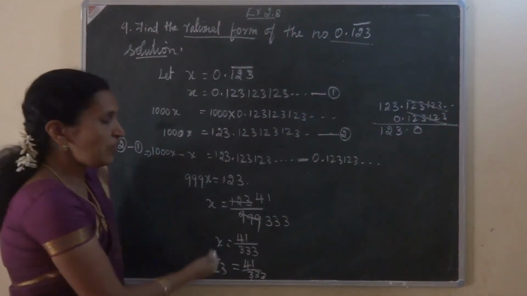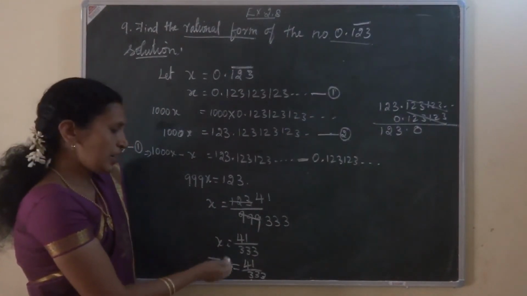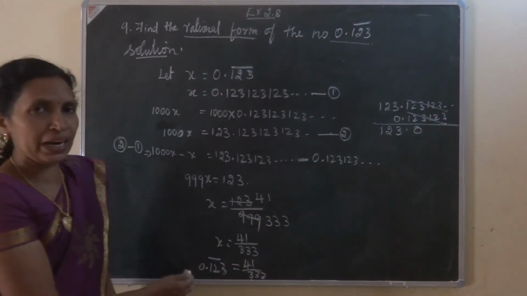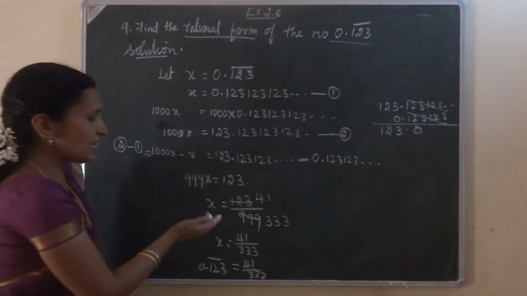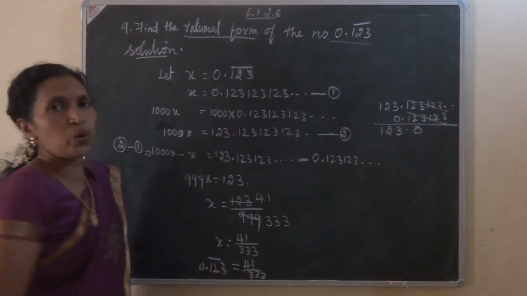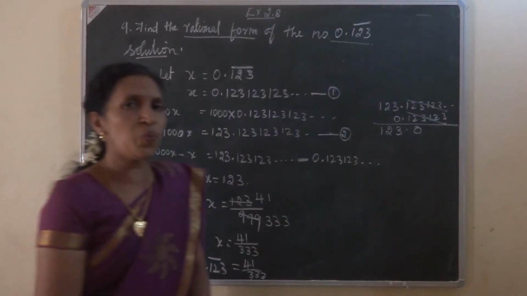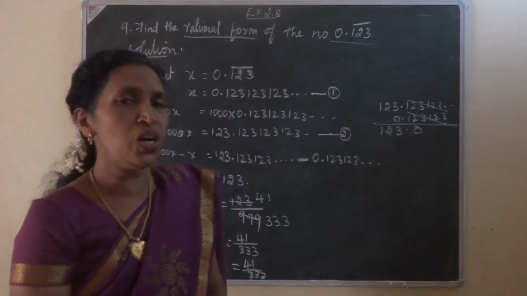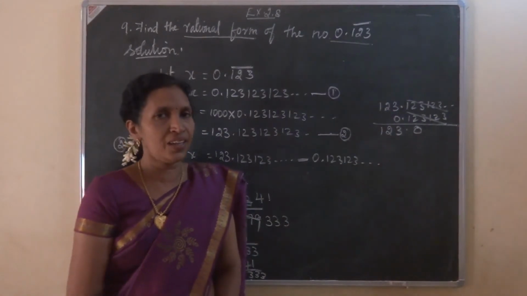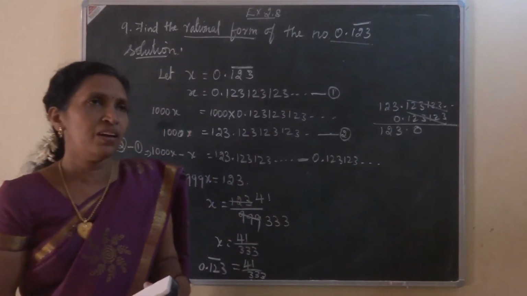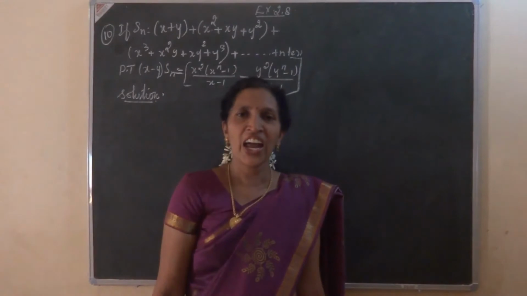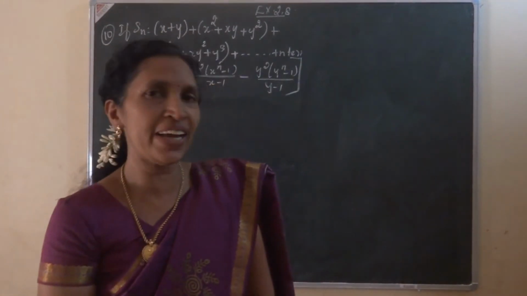When you simplify this one, you will get x equal to 41 by 333. We consider this x value is 0.123 bar. So 0.123 bar equal to 41 by 333. Here. Okay.